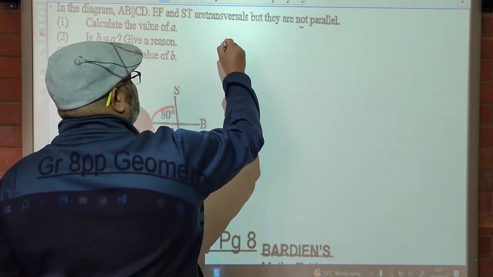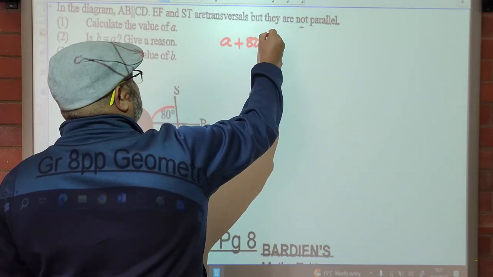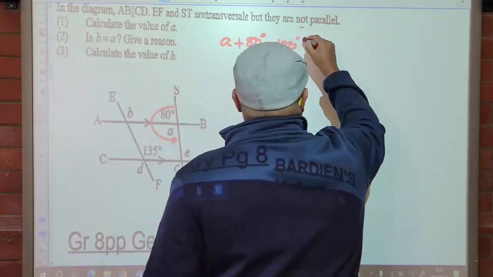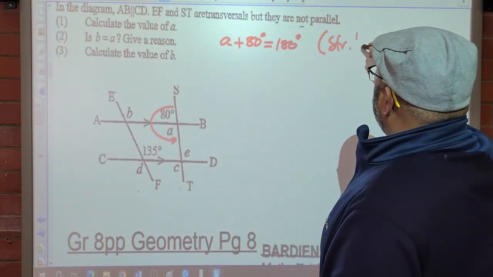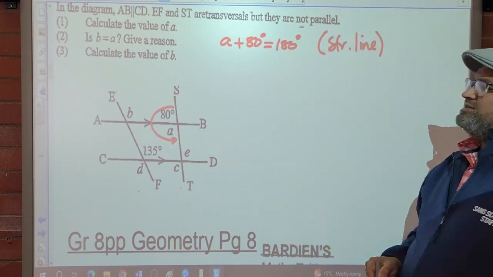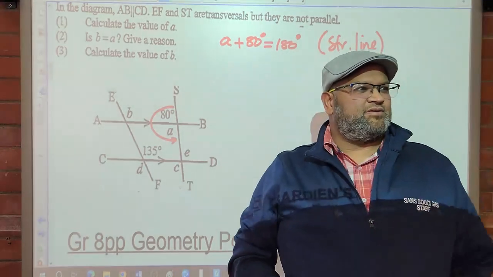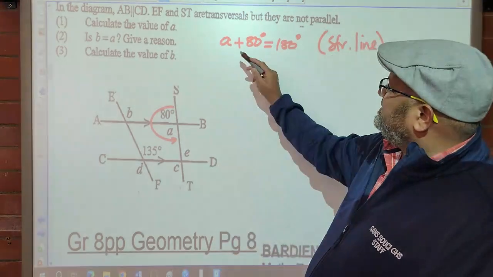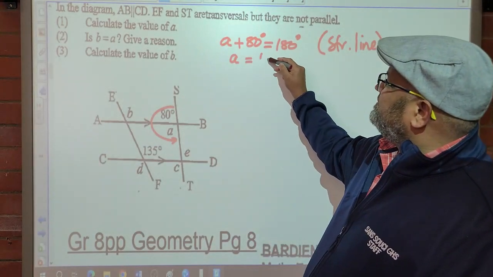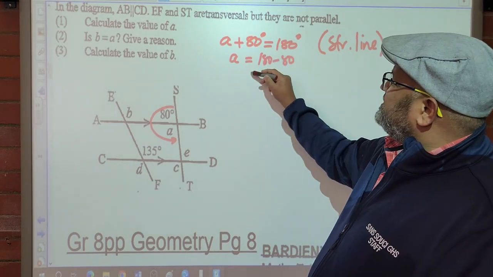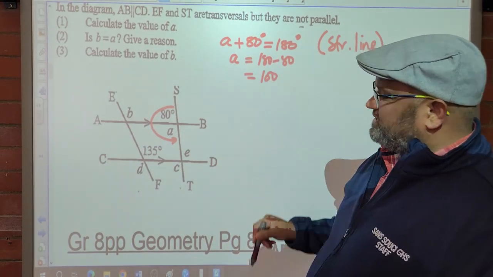Angles on a straight line. So A plus 80 is equal to 180. Why? Straight line. Okay. So A is equal to 180 minus 80, which is 100 degrees.